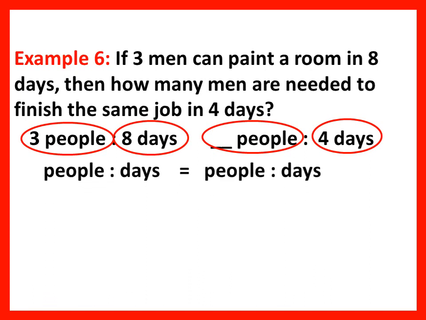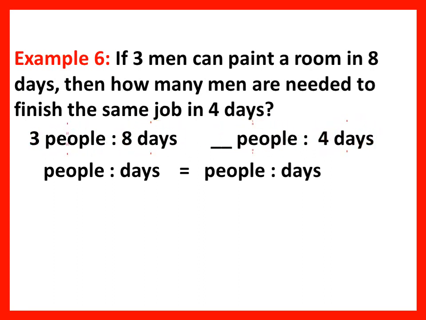So we can write it as a proportion where we have people is to days equals number of people is to the number of days. Now let us write the given people and people. How many?